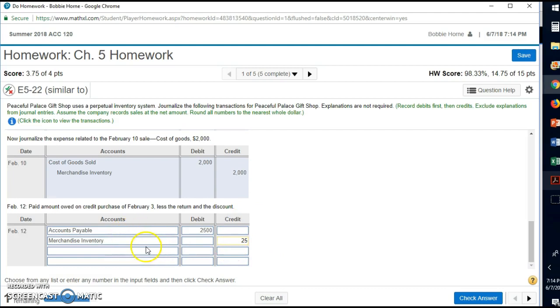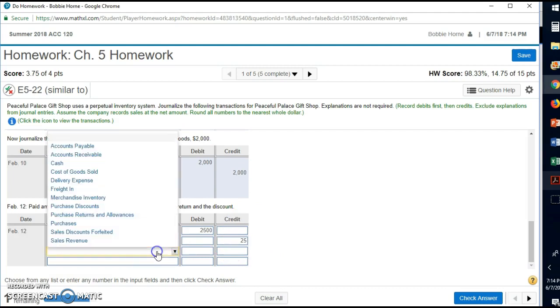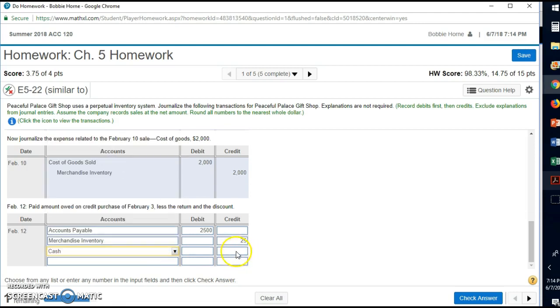So we don't record it as a discount, we just record the discount as a reduction to inventory. And then you have to credit cash $2,500 minus $25 for $2,475. So we paid $2,475 for the inventory.